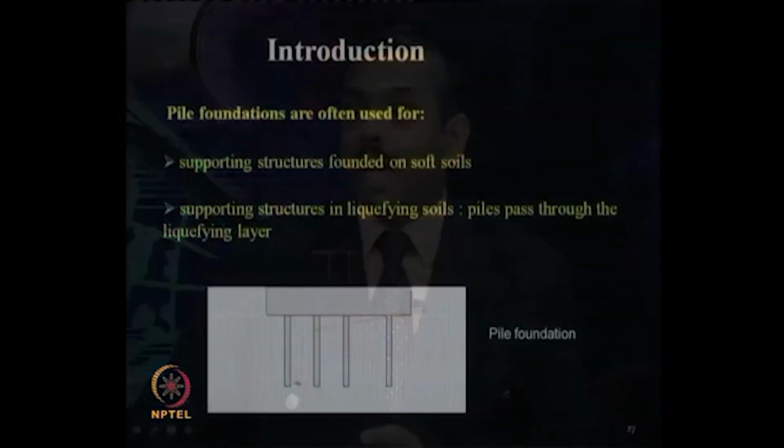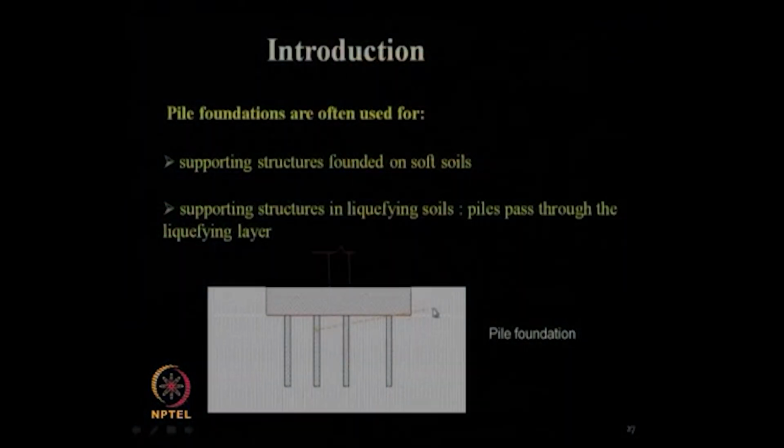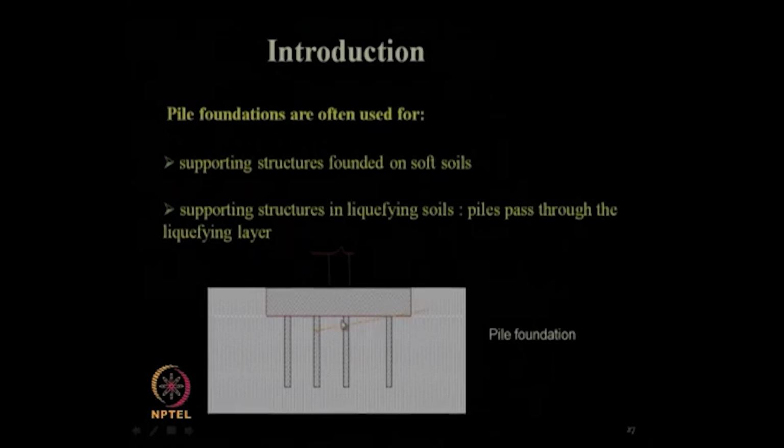Those are basically or majorly due to the liquefiable strata lying in between, and that reduces the capacity or strength of the pile which was estimated during the design. So, we should know how much extra bending moment, how much extra displacement is going to come for those types of pile when you are going to design or construct any pile which has a possibility to pass through some liquefiable layer.